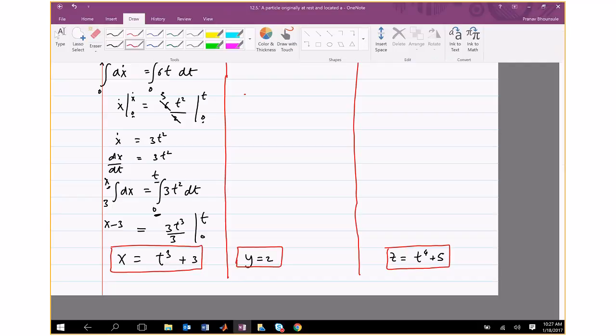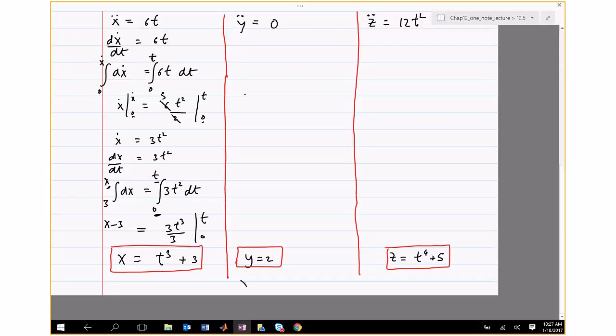You're asked to find x, y, z at time t equals 1 second, so you need to put t equals 1 here. At t equals 1, the x position is 3 plus 1 cubed, so that's 4. The y component is just 2, and the z component is 1 raised to 4 plus 5, which is 6. So that's the answer.